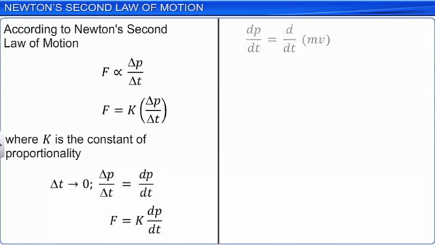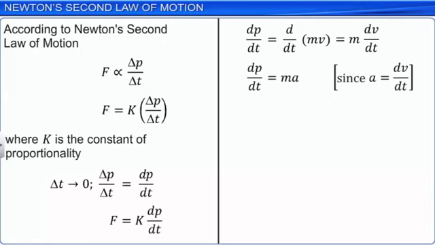Substituting p equals mv in dp by dt, we get dp by dt equals m dv by dt, or ma, since acceleration a is the rate of change of velocity v. Therefore, F equals kma, which defines Newton's second law of motion.